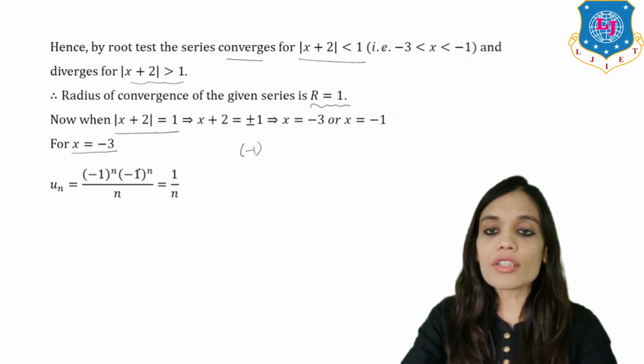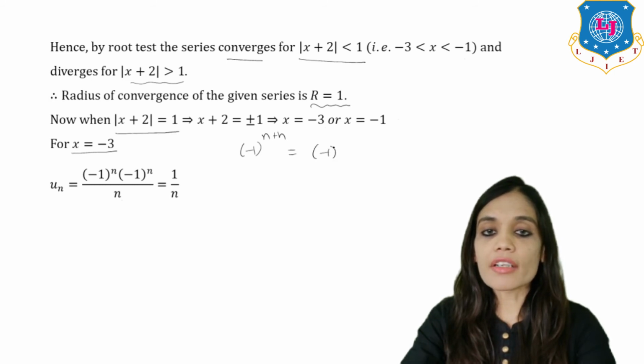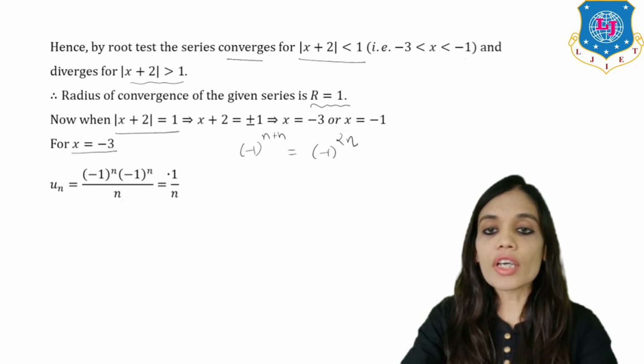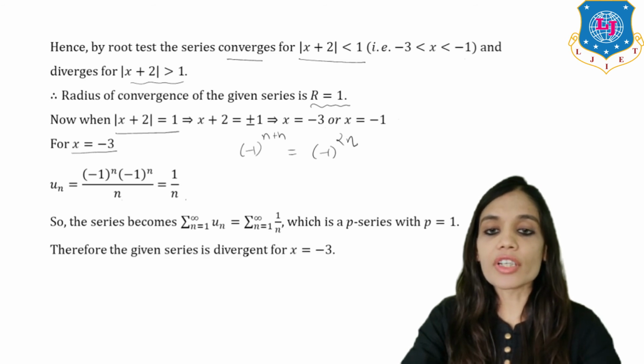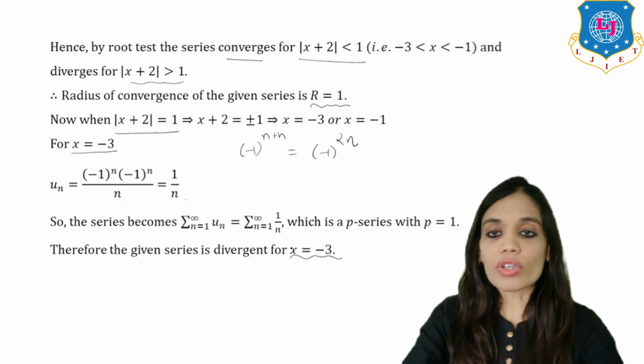Now minus 1 raised to n plus n will be equal to minus 1 raised to 2n, which is an even number. So it can be written as 1 upon n. Okay. So now on applying which test? P series test. When p is equal to 1, we can say that the series is divergent for x is equal to minus 3.